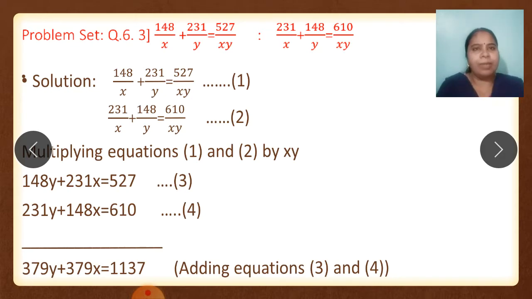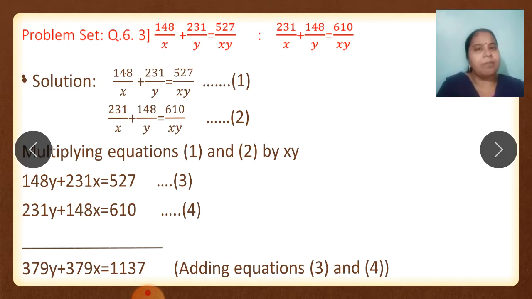Okay. So when I multiply 148 upon x into xy, what will happen? x and x will get cancelled. What we will get? 148y. Same way this one, 231 upon y, and we are multiplying by xy. So y and y will get cancelled and we will get 231x is equal to, now see this, when it is multiplied by xy, this xy will get cancelled and we will just get a number here, is equal to 527.